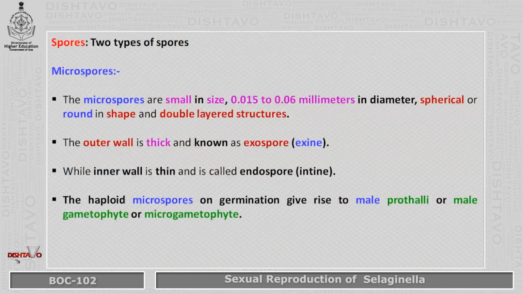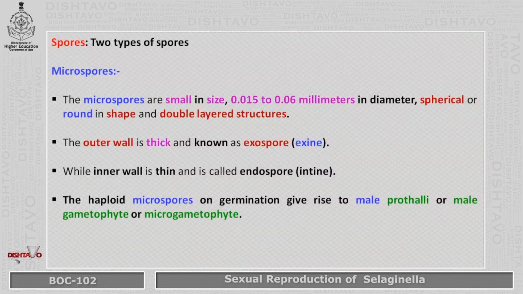Spores: there are two types of spores. Let us see about the microspores. The microspores are small in size, 0.015 to 0.06 millimeters in diameter, spherical or round in shape, and double-layered.